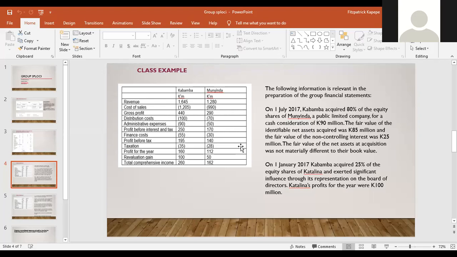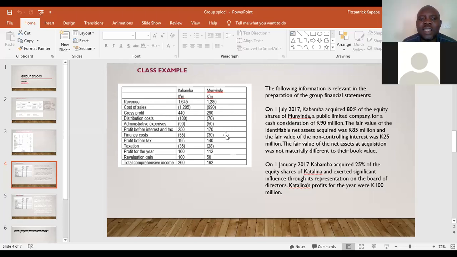Cash consideration at 90. And then on the NCI, the fair value of the non-controlling interest was 25 million. So 25 million by 20%?